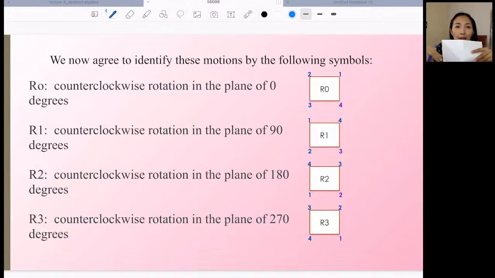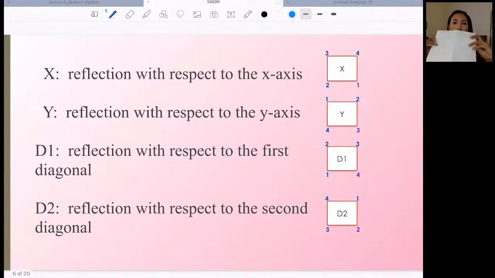Then aside from that, we also have reflections. X is the reflection with respect to the x-axis, that's flipping it over, and Y is the reflection with respect to the y-axis. D1 will be reflection with respect to diagonal 1, and D2 will be reflection with respect to the second diagonal.